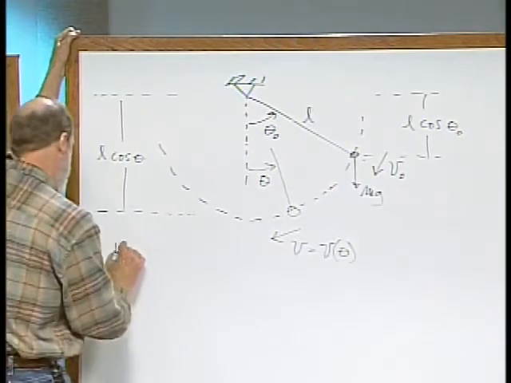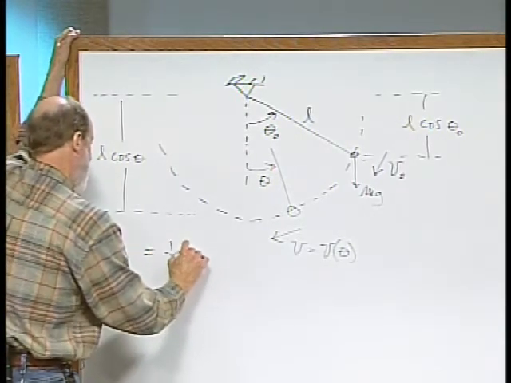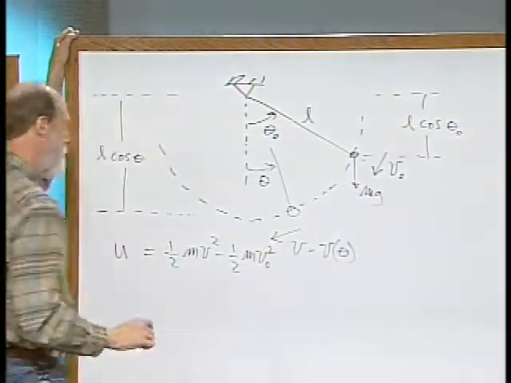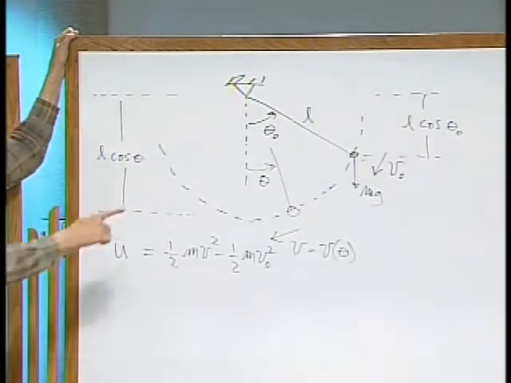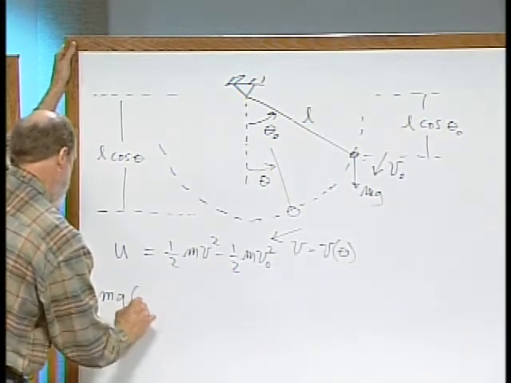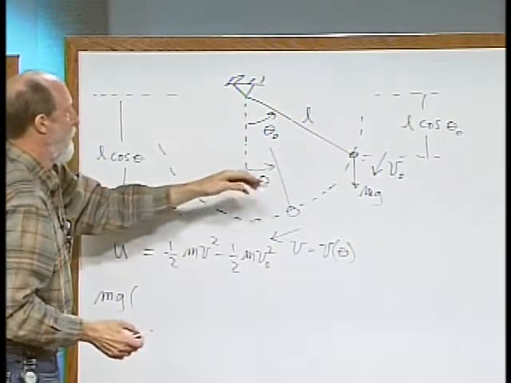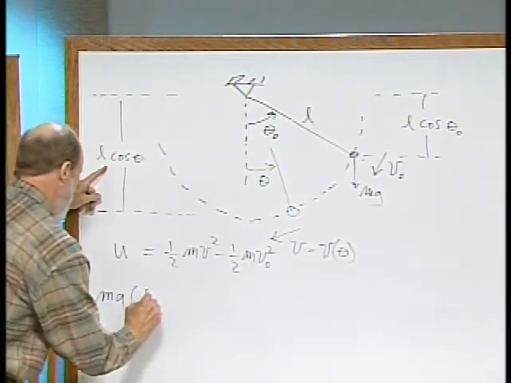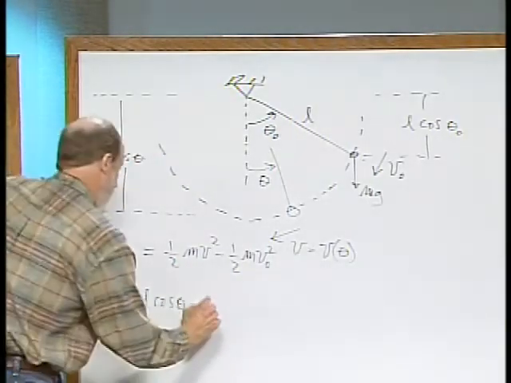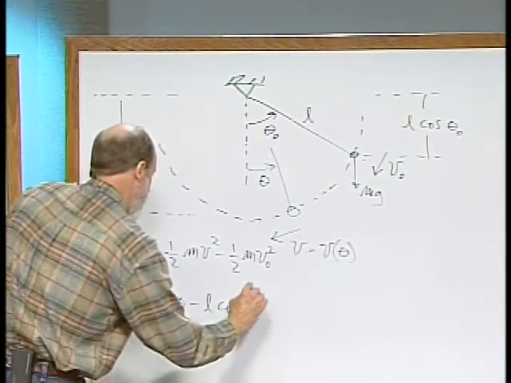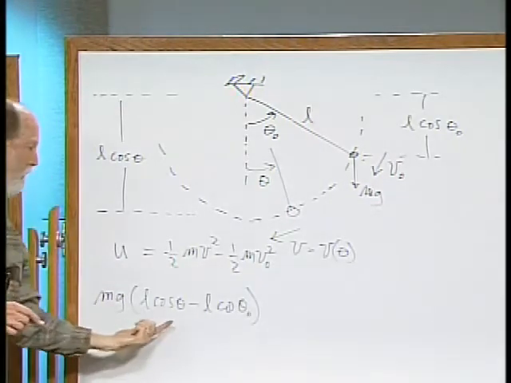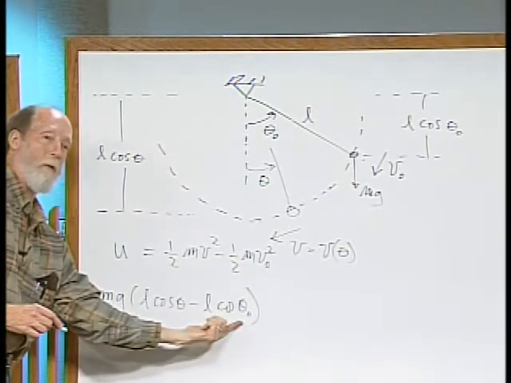So we're going to write the energy equation. We have that the work done is equal to 1/2 mv squared minus 1/2 mv naught squared. And again, the work done by mg is going to be equal to mg downward, and travel distance being L cosine theta minus L cosine theta naught, final position minus initial position.